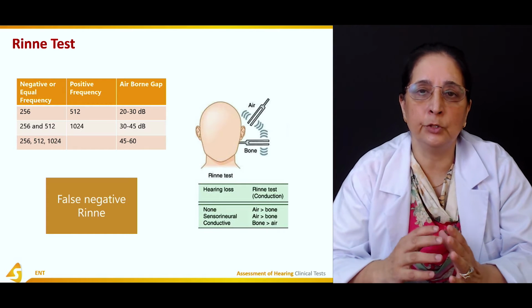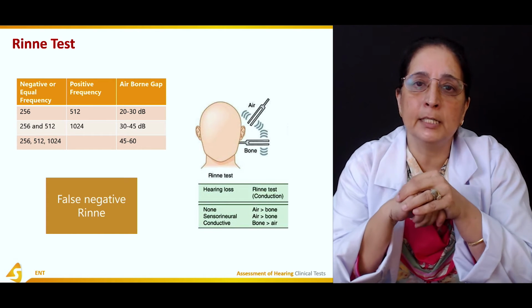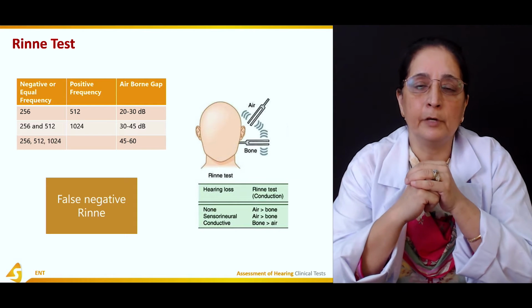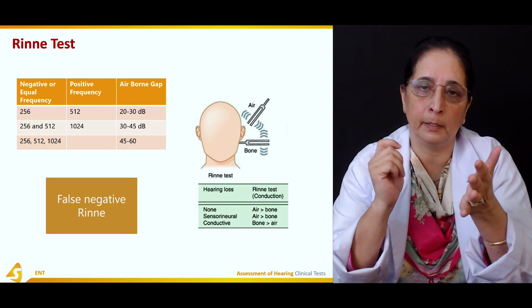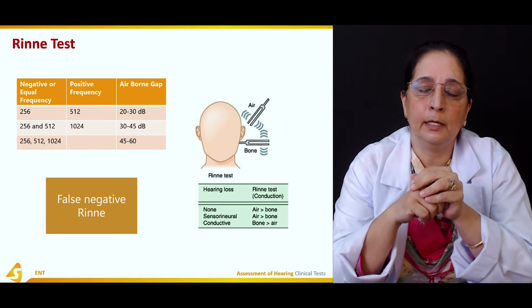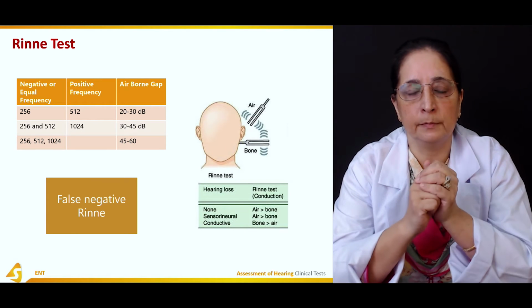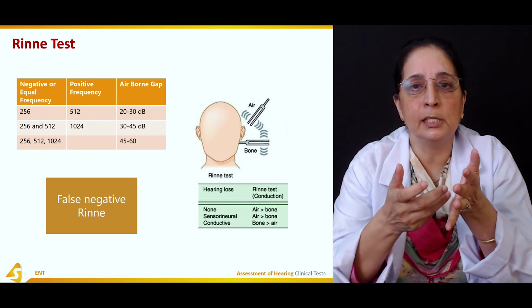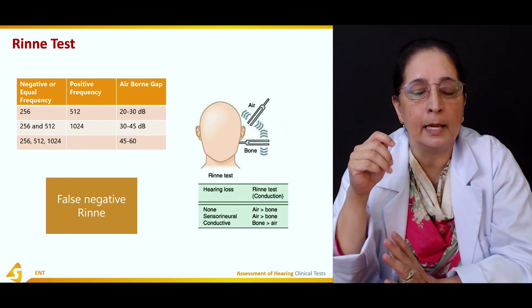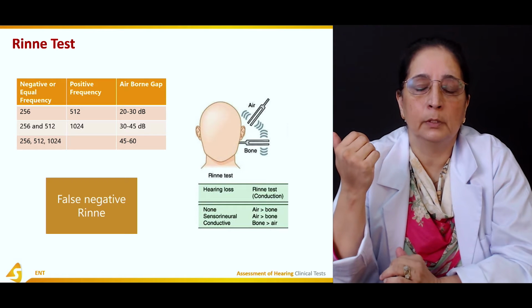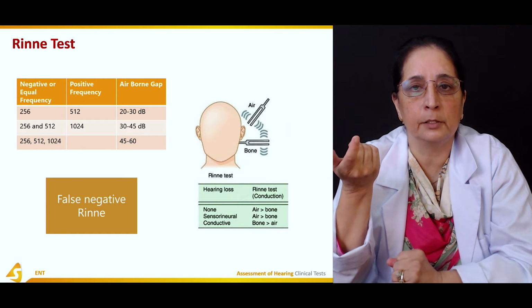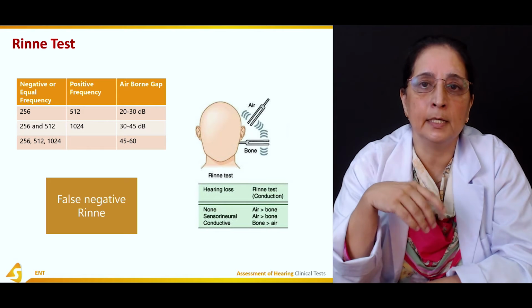So first, the tuning fork is set into vibration by tapping it forcefully against the palm or any other object, and then once it's vibrating, you put it in front of the patient's ear and ask the patient to tell you when they stop hearing the sound.